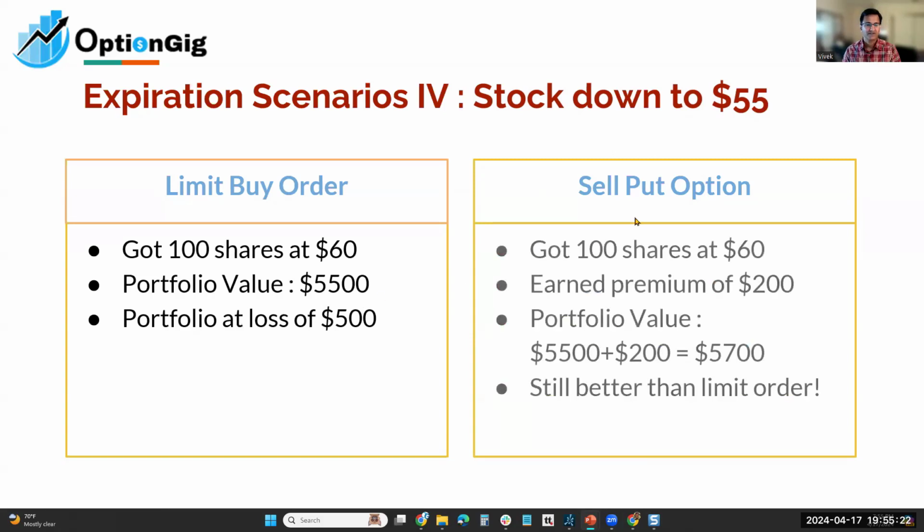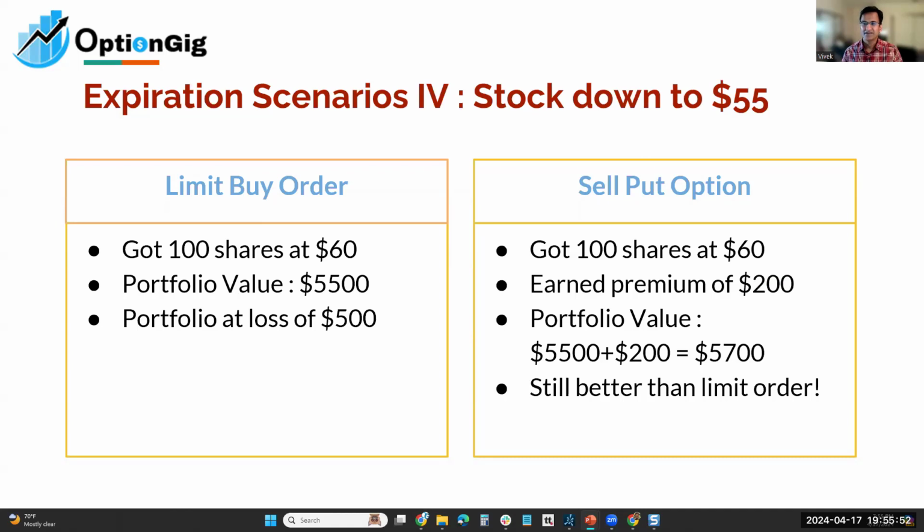Look at an option contract here. Gets 100 shares at 60. Your stock value, 100 shares of PayPal, is $5,500 plus $200 you got as the premium. You're still losing, but losing a little less. This is what I call a cushion. This is what I call a margin of safety. This $200 premium that I receive is my margin of safety.